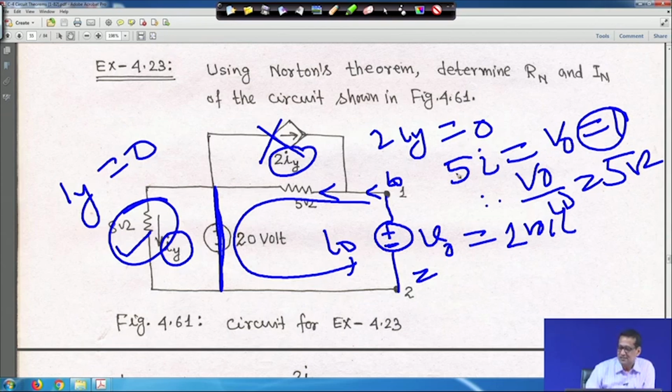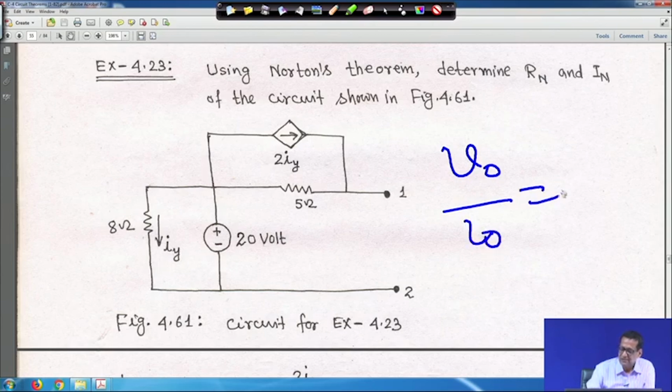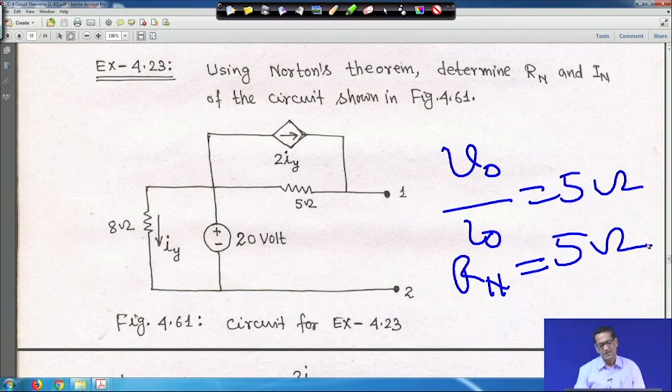Although we put V_0 equal to 1 volt, it does not matter, it is 5 ohm. So, R Norton is the same as R Thevenin, equal to 5 ohm.